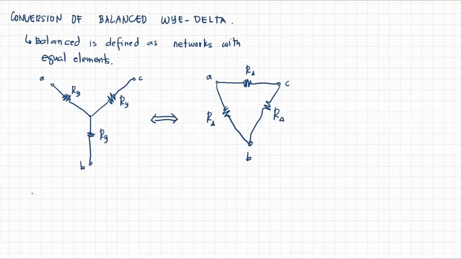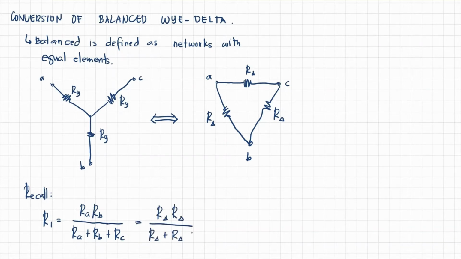So let's recall from our previous presentation that R1 is equal to RA times RB over RA plus RB plus RC. However, since the system is balanced, we say that RA is equal to RB is equal to RC is equal to R delta. So we simply substitute the value of R delta to all elements in the formula and then simplify it. We just cancel the R delta and we now have an equivalent value for R1, which is R delta over 3.